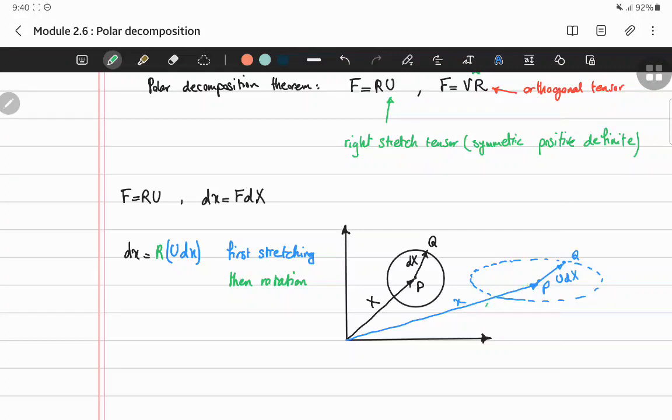So then I have something like this. This is Q, for example, in the deformed configuration. This is basically RU dX.